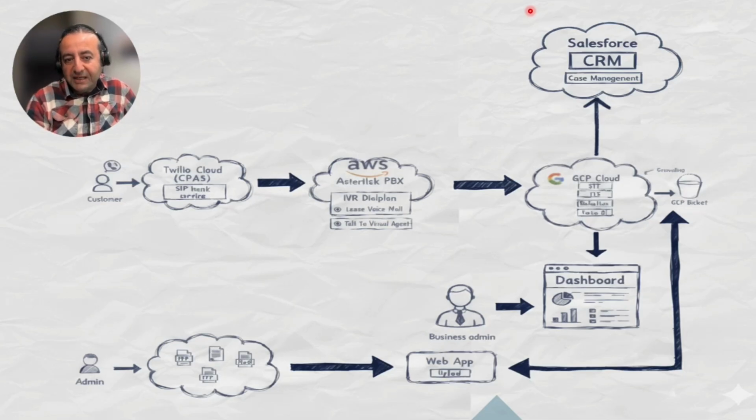Again, the administrators can upload any company documents, FAQs, policies, procedures, and that will be uploaded into that GCP storage bucket here. And this is what I call zero coding required. You can make the VA answer any question: you can change the document, upload it again, and the VA will capture the new answers from that document. It's just drag and drop and upload.